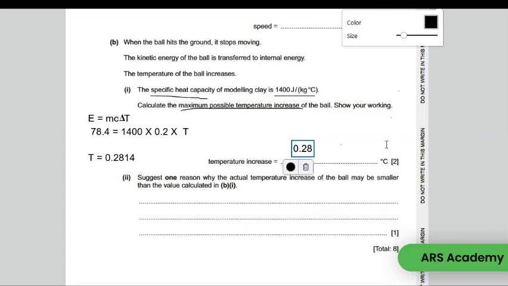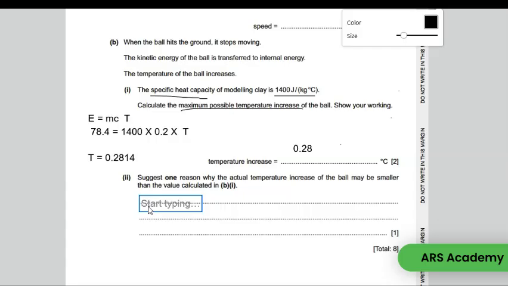Roman 2. Suggest one reason why the actual temperature increase of the ball may be smaller than the value calculated in question B, Roman 1. So in our previous calculation, we assumed that the entire energy of the ball will be converted into internal energy. But that is not true for real-world cases.